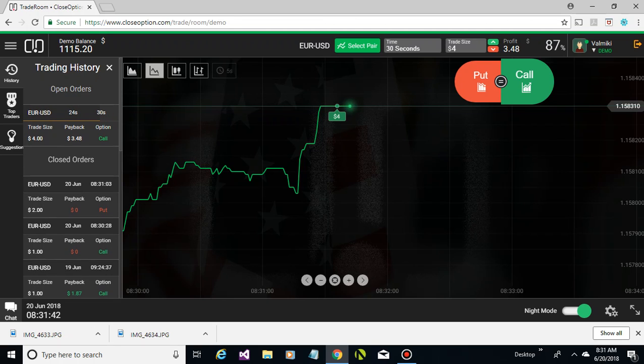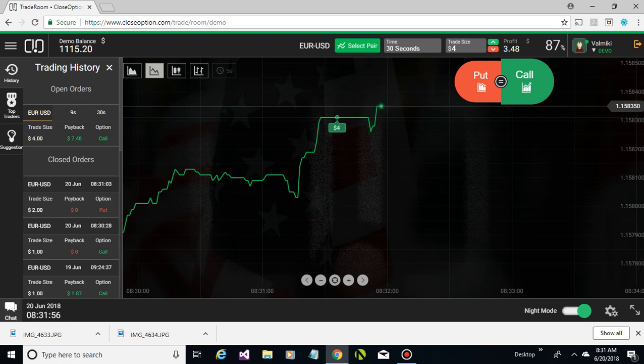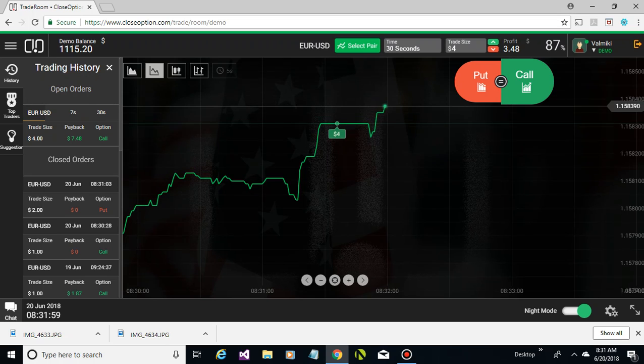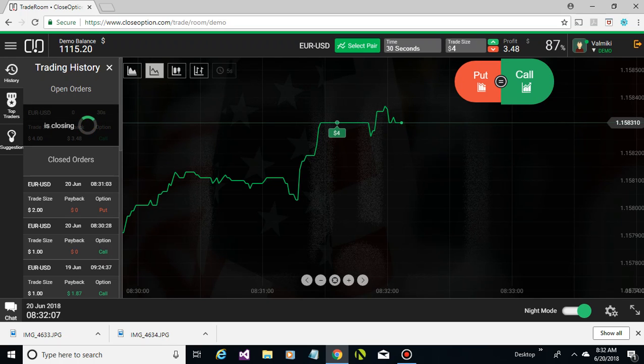And always wait for the position to officially close before you open up, unless the distance is extremely far from the execution price, then you're pretty safe to go ahead and maybe open the position 1 second before it officially closes. Okay, so it looks like this is going to be a push situation.